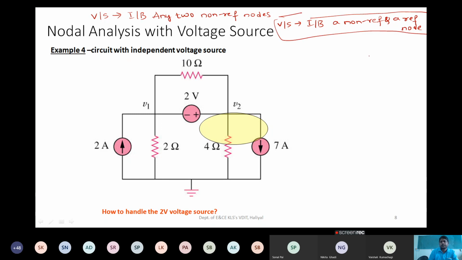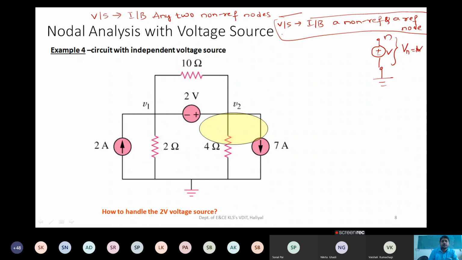That means you may get a voltage source between ground and some node n. You may get a dependent or independent voltage source, that doesn't make any difference, right? Because what we can say here is Vn is equal to V volts only.